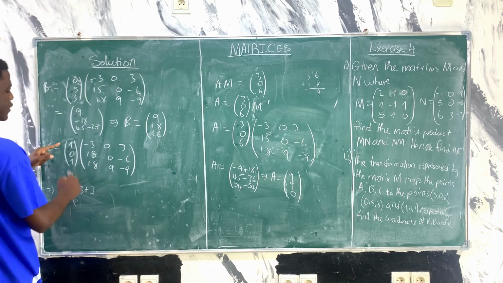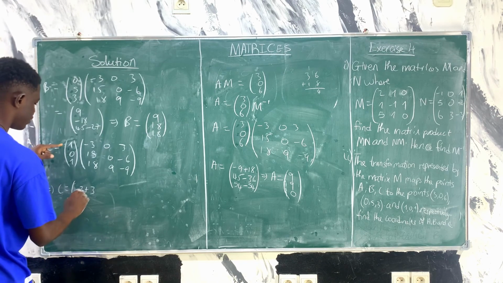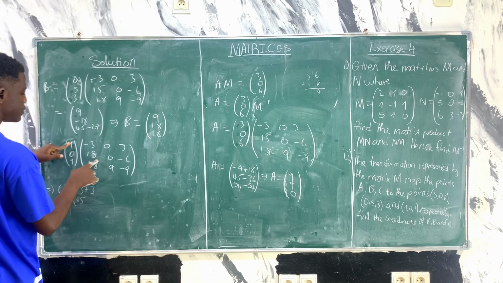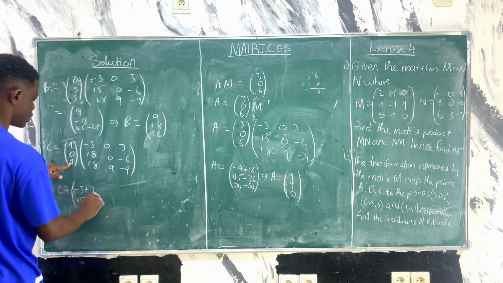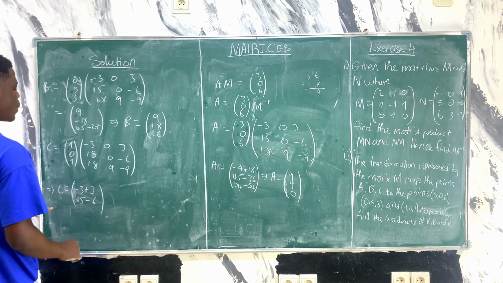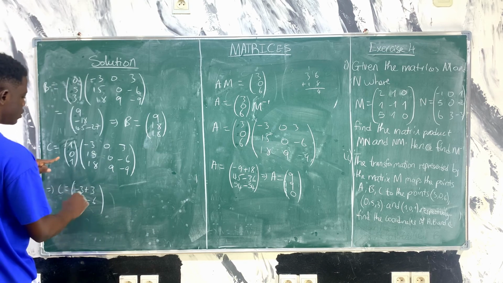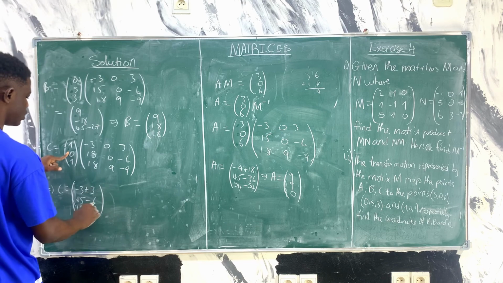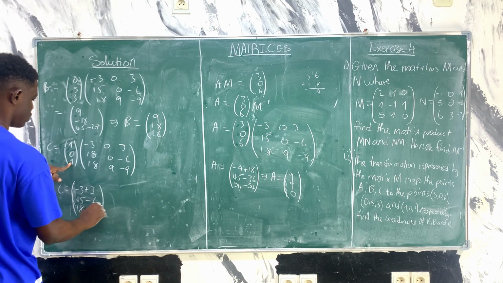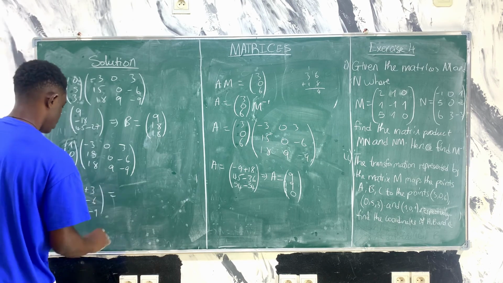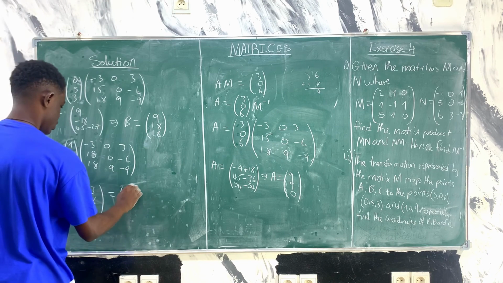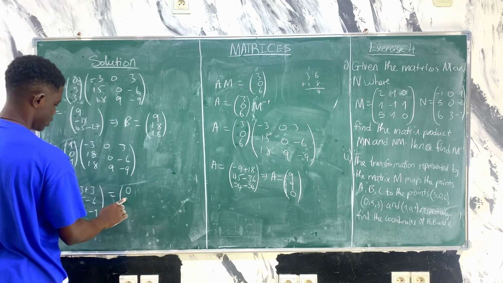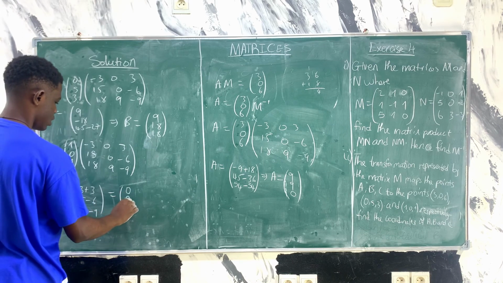This first column times the second row, I'll have 1 times 15, 15, 0 minus 6. Then for the third row, I'll have 18, 0 minus 9. That will be equal to 0, 15 minus 6, 9, 9.